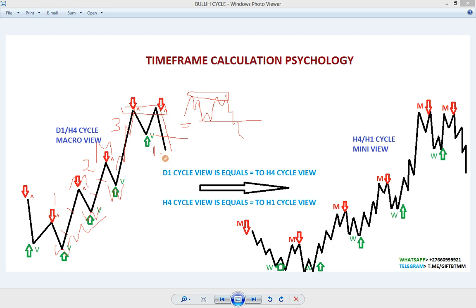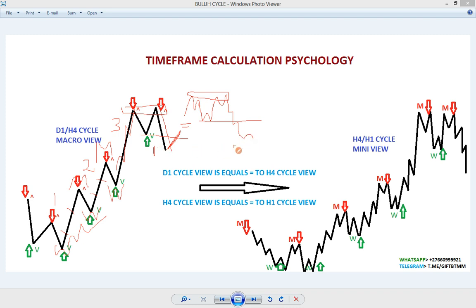This was the mid-month reversal, and you're going to have a pullback on the month reversal, and then this pullback will present an M formation here.